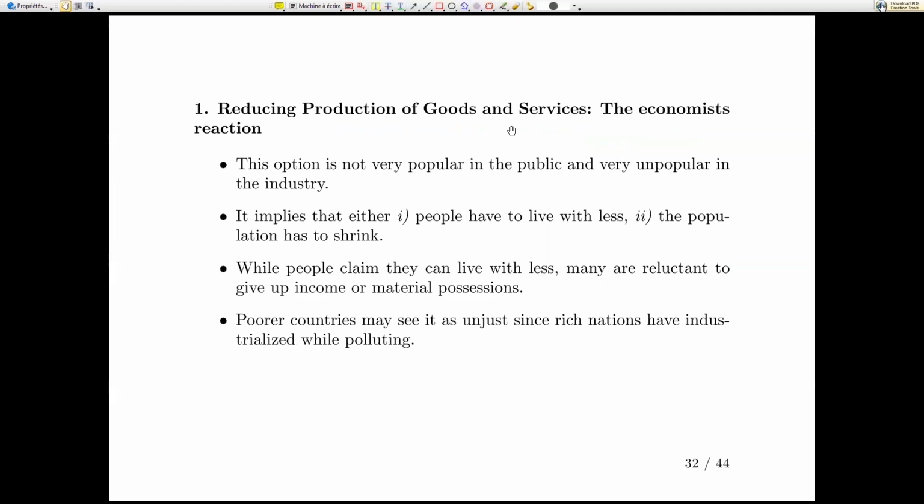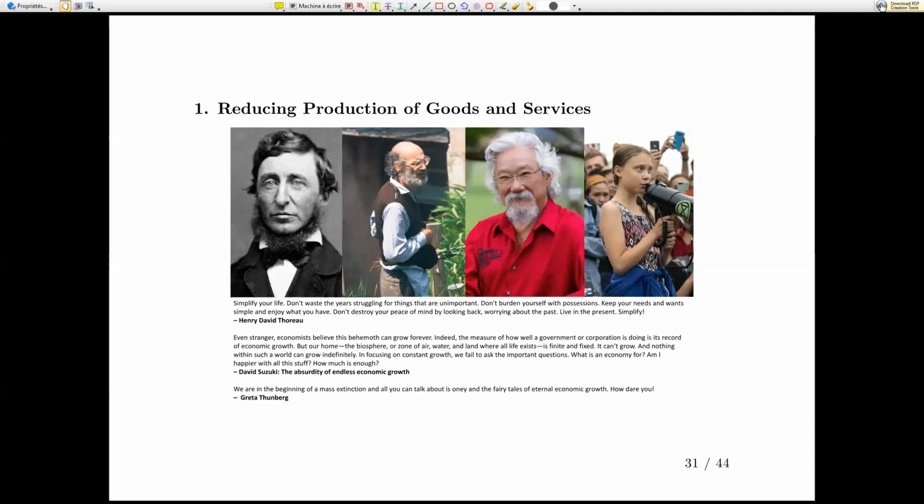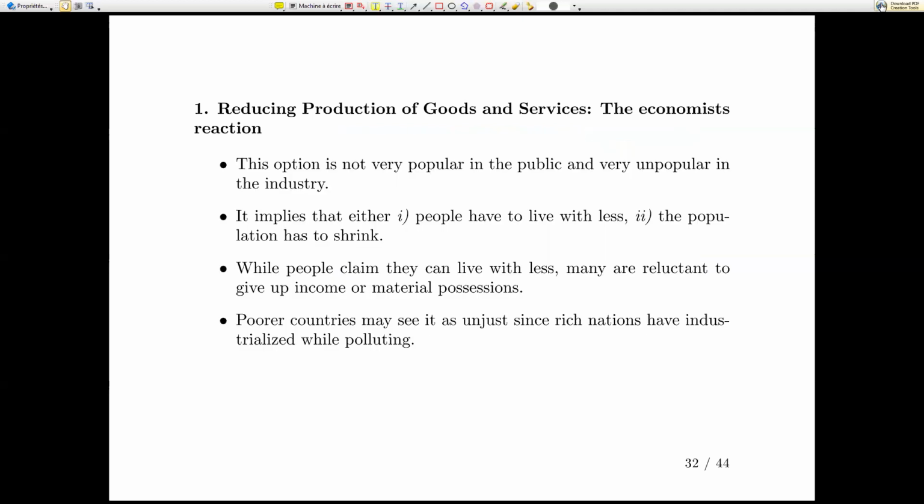What's the economist's reaction to this? It may look like something virtuous to do, because we're sinning by wanting to consume a lot, and it's good to cleanse ourselves. But the problem is it may not be that popular in the general population.